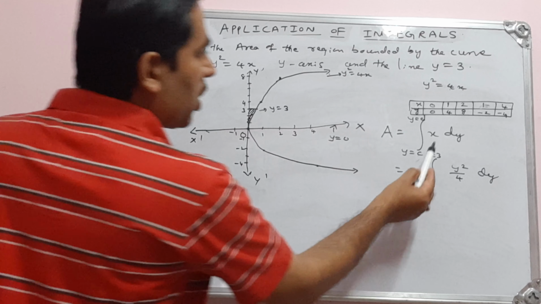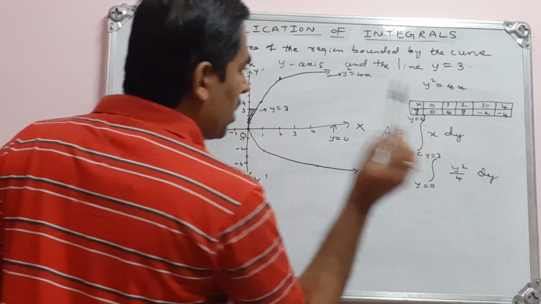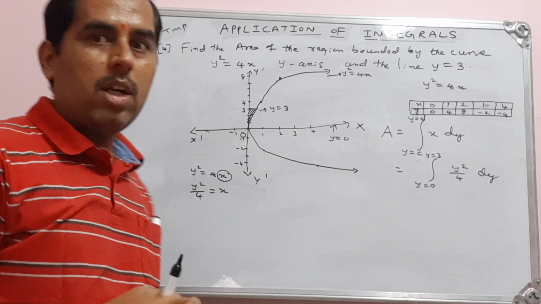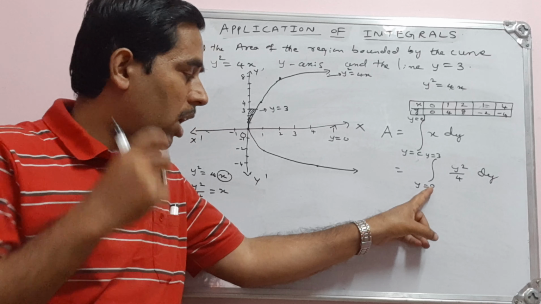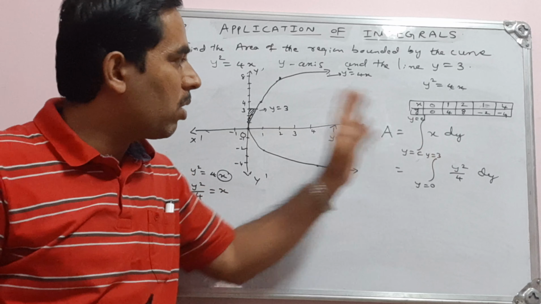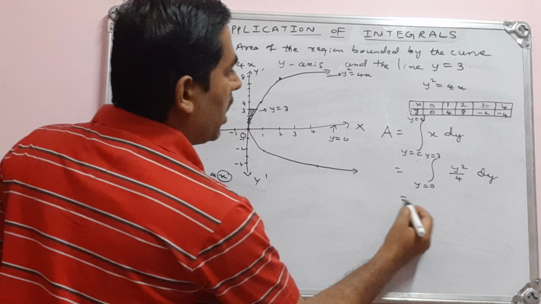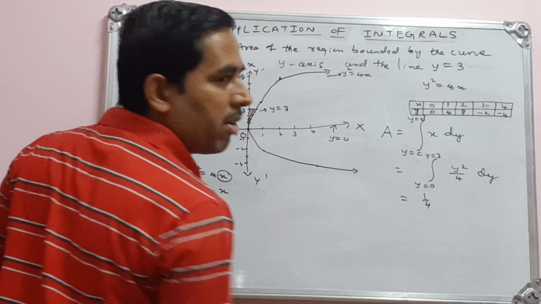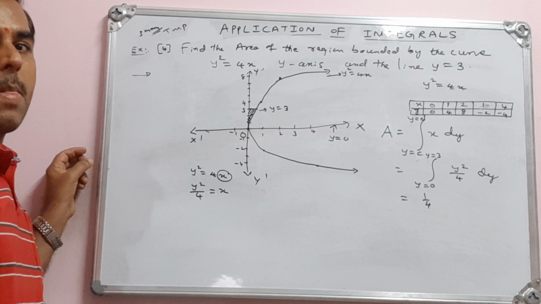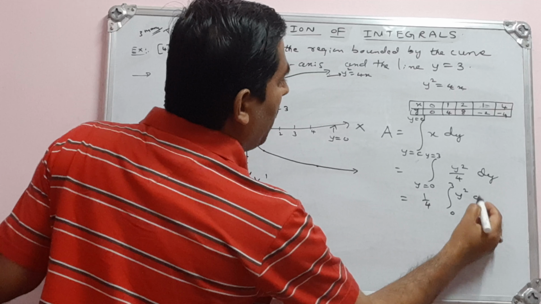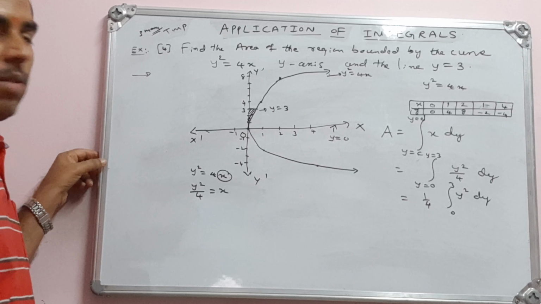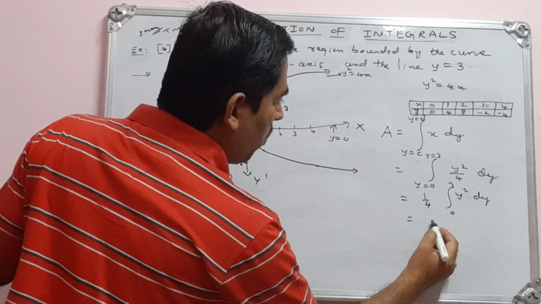Integration of x means integration of y square by 4 with respect to y, dy, from y is equal to 0 to y is equal to 3. Take the 4 outside, 1 by 4, then integration of y square with respect to y.